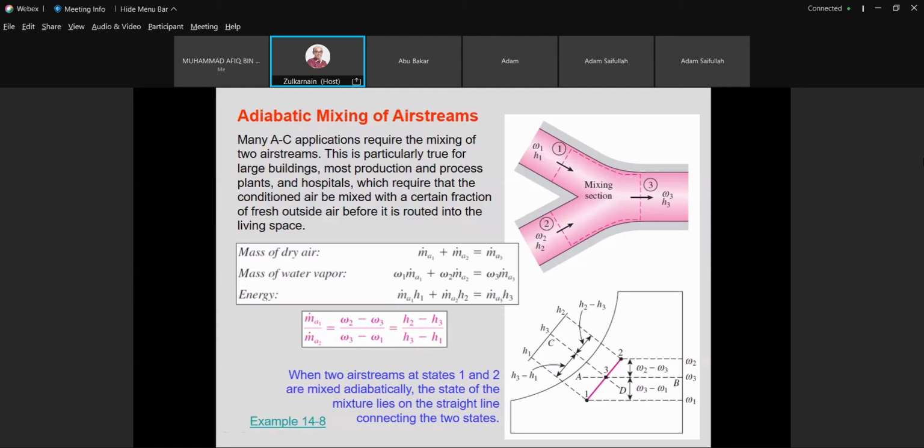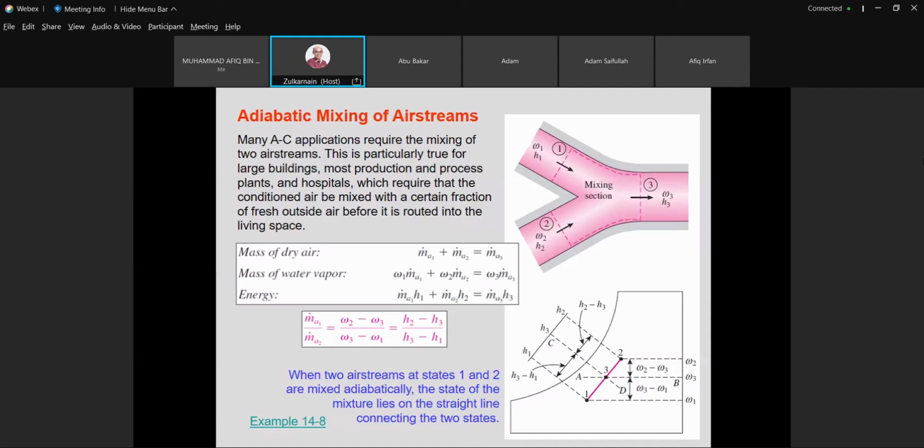Usually for human occupants, we need fresh air. So in order to conserve energy, some portion of the air being cooled in the room we return back to the system. The amount of fresh charge is usually the amount we need to supply oxygen for human breathing.